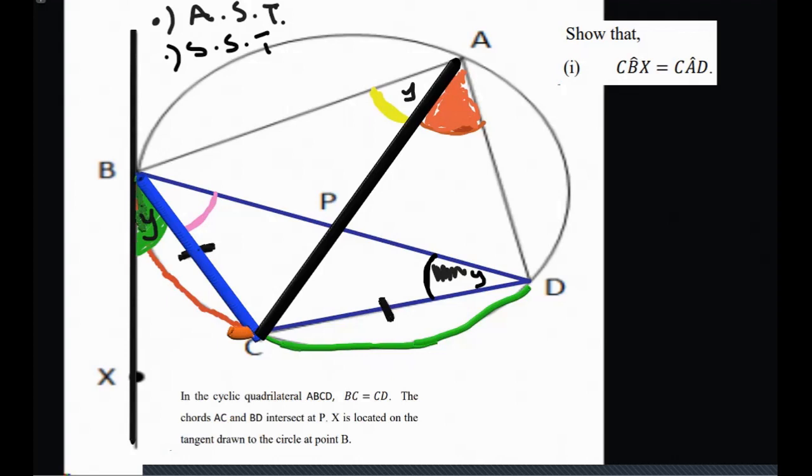I repeat, in isosceles triangles, angles opposite to equal sides are equal. So what are the two angles opposite to equal sides? That is this pink angle and the black angle. So for the black angle, we have put Y. Then what should be the value of the pink angle? That too should be Y.